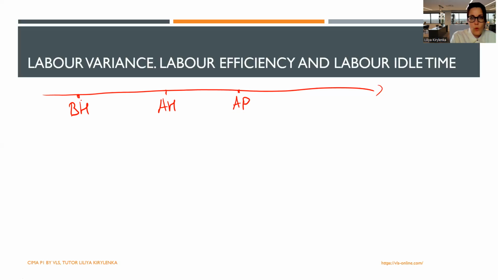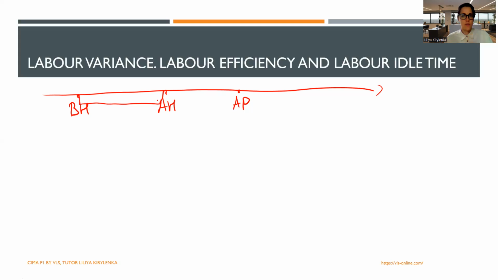So when we want to calculate the effect of labor variances, we need to distinguish between two effects. This effect is the fault of employees, because they did not work as efficiently as they could have.